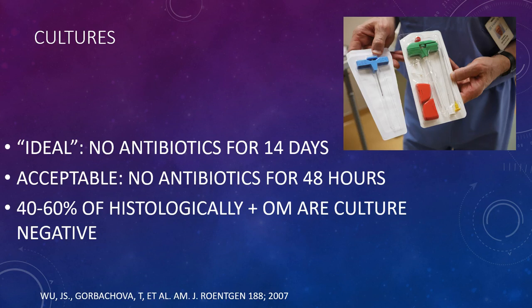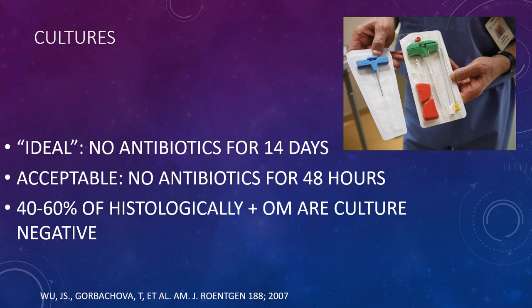Now, in looking at the patient with a Charcot joint and an open wound and the potential for osteomyelitis, we certainly probably want to obtain bone for histology and bone for culture. In a perfect world, we obtain these cultures when no antibiotics have been administered for 2 weeks.